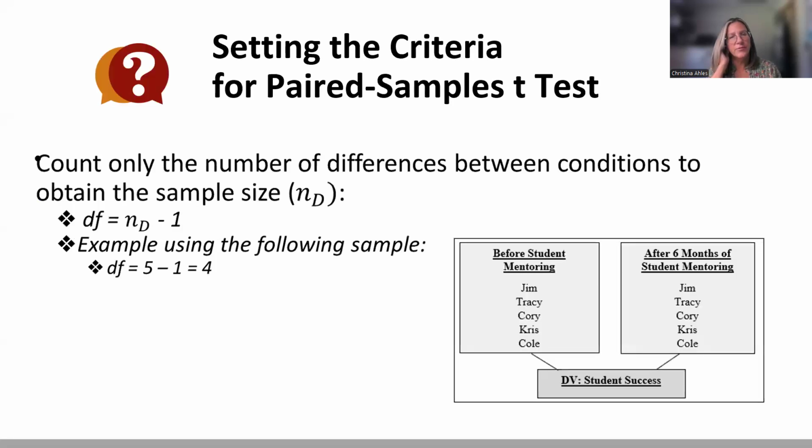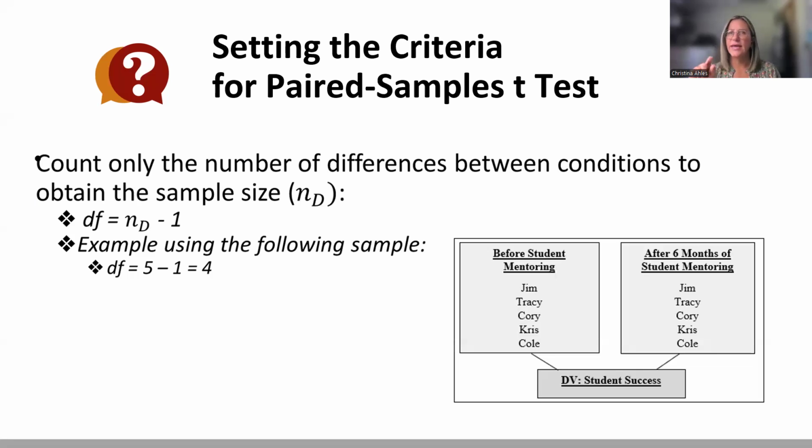So here I'm going to present the things that will change for the paired t-test, besides why we're doing it and when to choose a paired t-test. I'm going to cover what changes for the paired t-test compared to the independent t-test and the one sample t-test. With the paired samples t-test, we're only going to look at the sample size of how many participants were in the entire study.